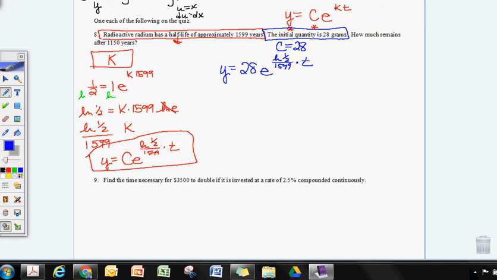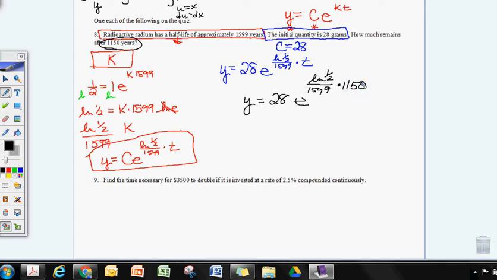Okay, switching colors for the last time. How much remains after 1150 years? So to find my final question, y is going to equal 28e raised to the natural log of 1/2 divided by 1599. And now that's going to be times 1150.